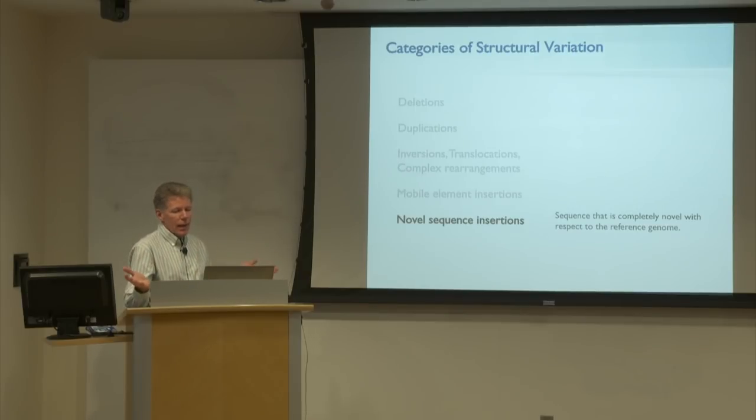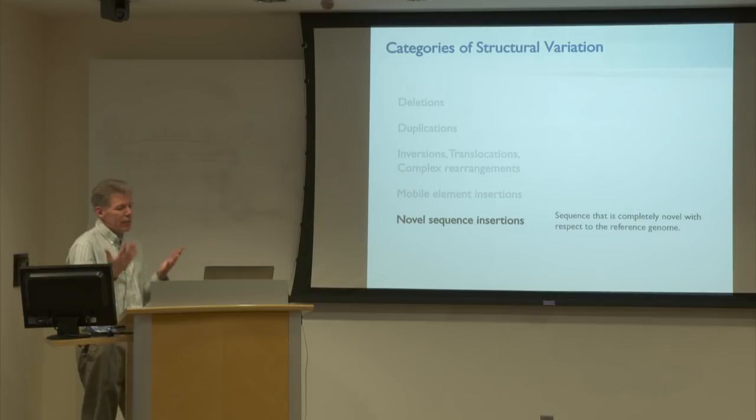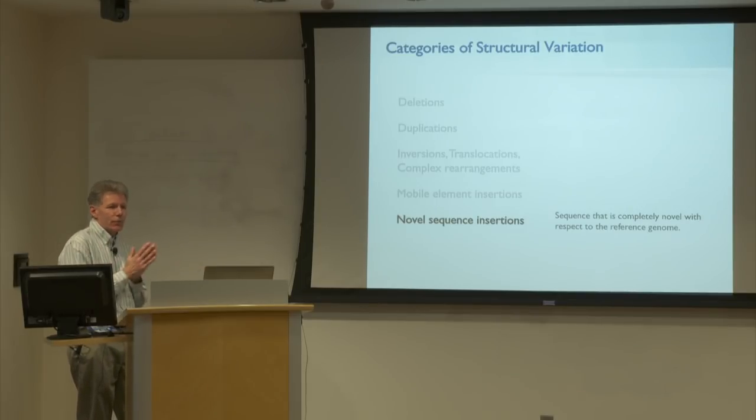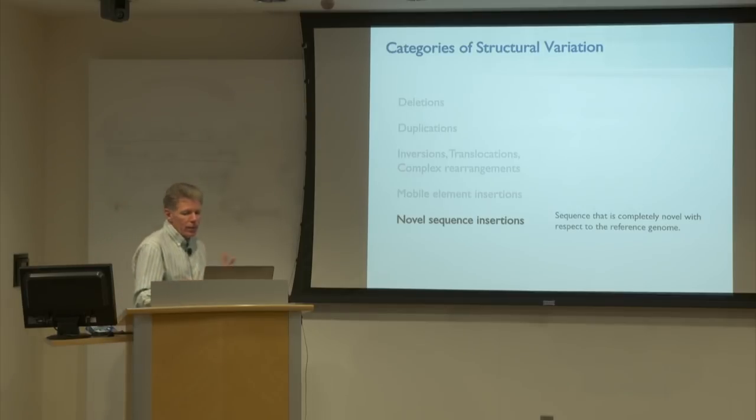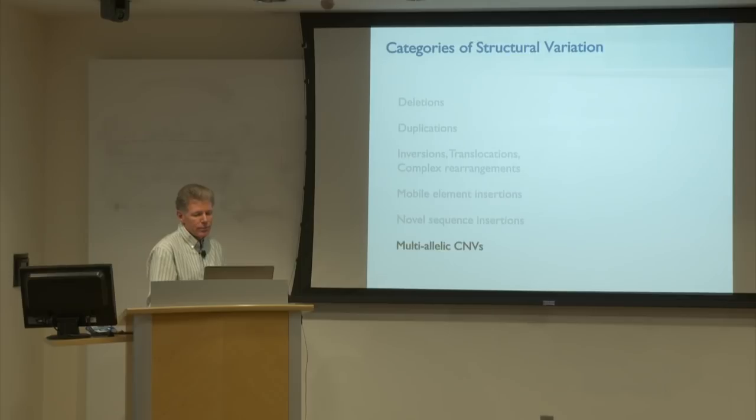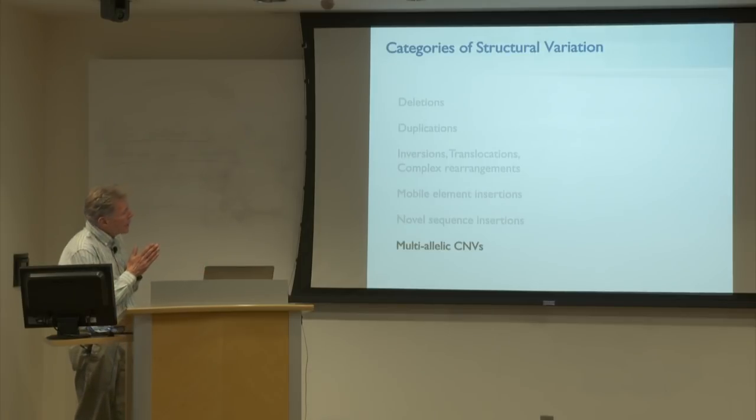And you can imagine that as we sequence more human genomes, especially with long read technologies, the reference will be more complete and we won't find these novel sequence insertions, which would really be human sequence that just is not in the reference genome, right? But it's human and maybe exists at high frequency, but it just doesn't look like anything else in the human genome. And the last category I'm going to talk about here is multi-allelic CNVs.